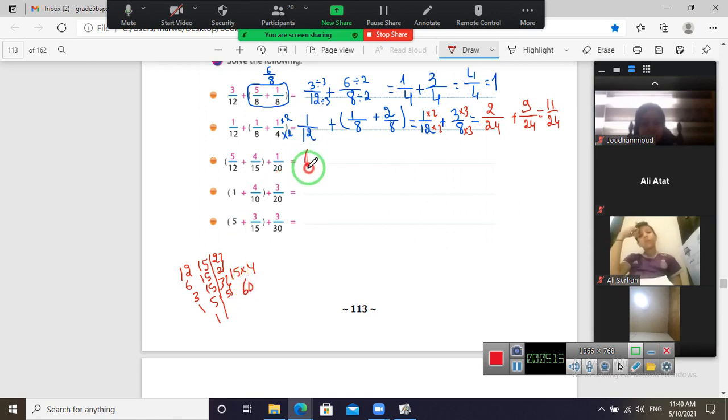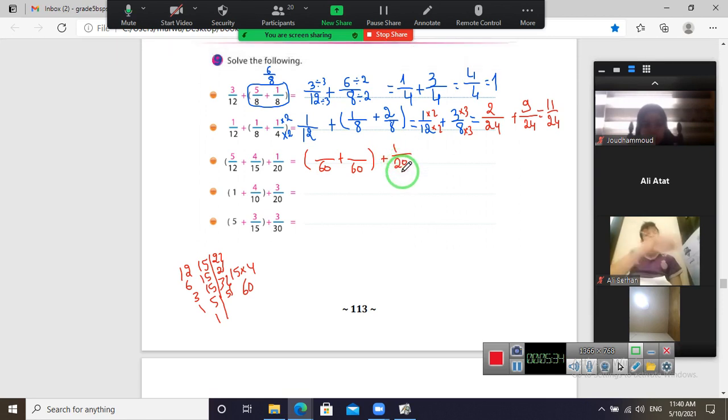Now I should have between parentheses two fractions with denominator 60. I will continue. The outside is 1 over 20. Look now. 12 times what gives me 60? As you know, the 12 is 4 times 3.